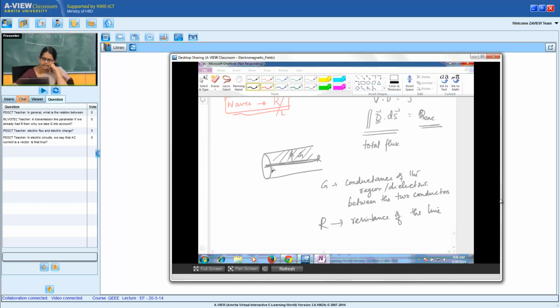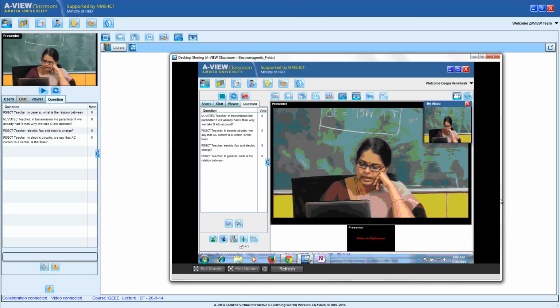Current is expected to flow through the inner conductor, and the resistance to that current flow is R, whereas the dielectric is not a conductor, and the conductance of the dielectric is G. I hope that answers.